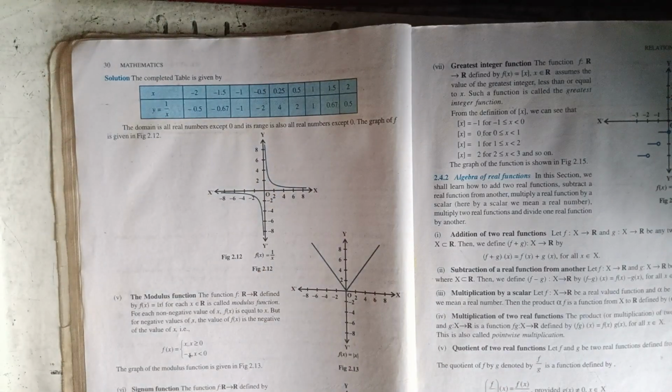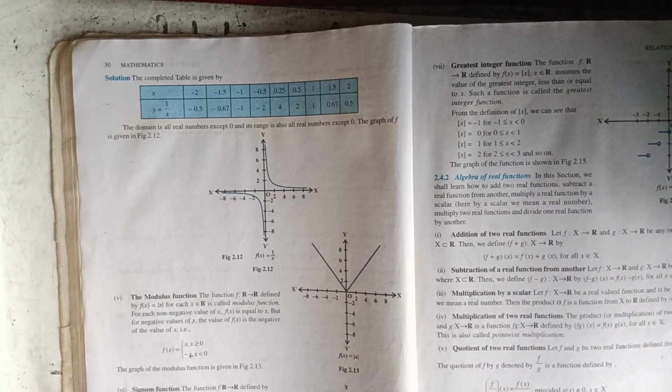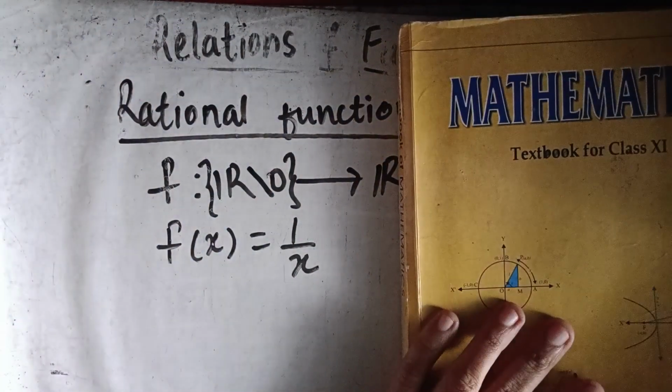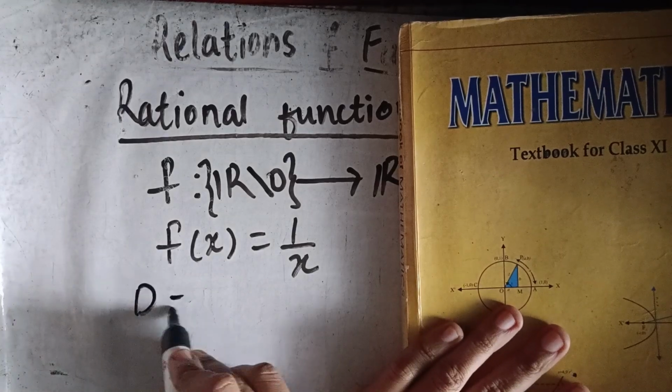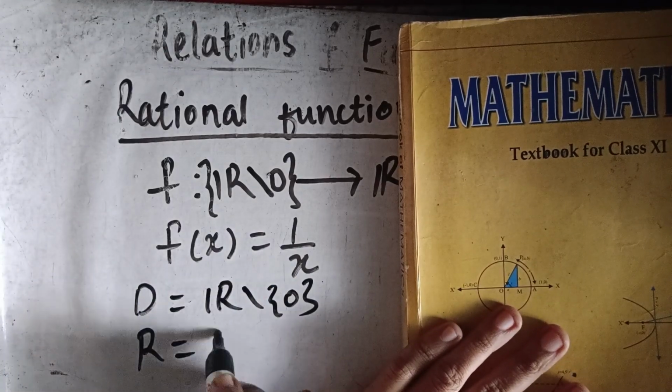So it will be 1 by 2, 1 by 3, 1 by 4. So it is close to 0 but not 0, both negative and positive. Range is also, domain is R minus 0, and also range is R minus 0.